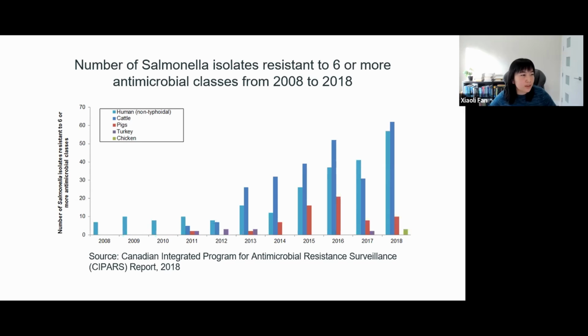So if a human is resistant to all the antimicrobial classes, then when there's an infection, it cannot be treated like it is very easily treated now.